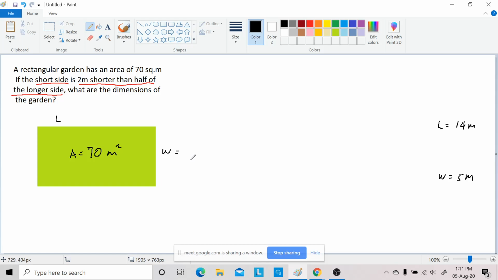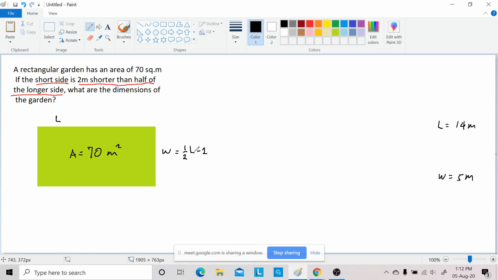Maybe some can understand 0.5, but some might not understand it. So when you say half, it's 1 per 2, correct? Yes. Okay, it's 1/2 of the longer side L, 1/2 of L, but it is shorter by 2 meters, so minus 2.